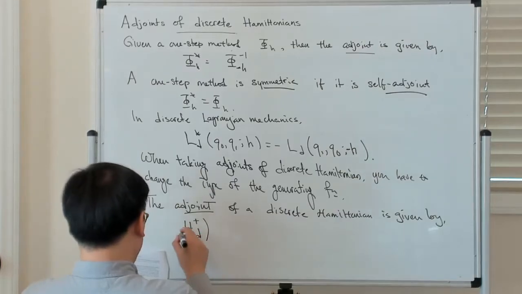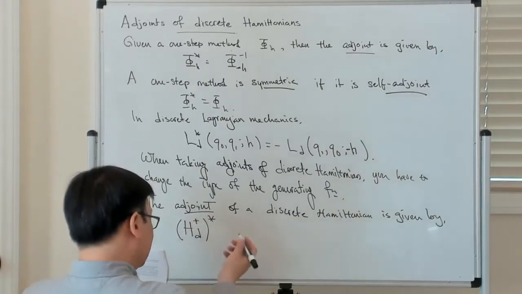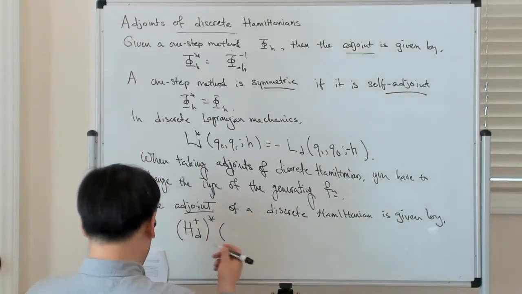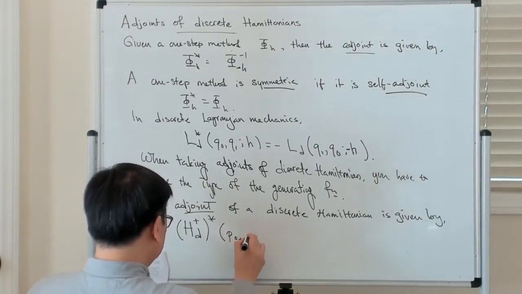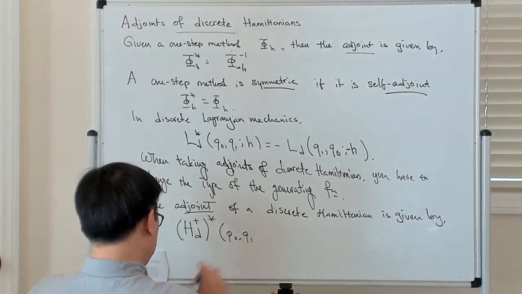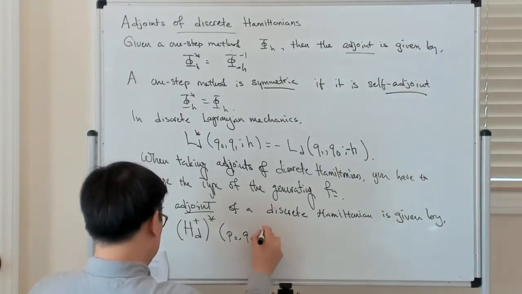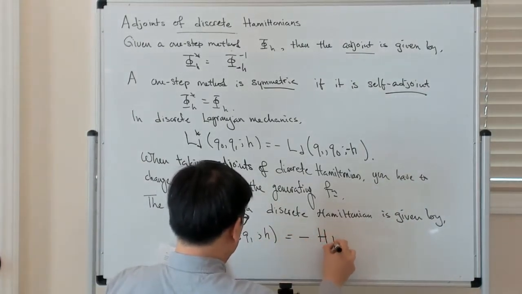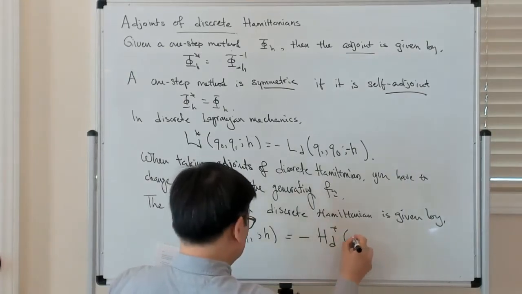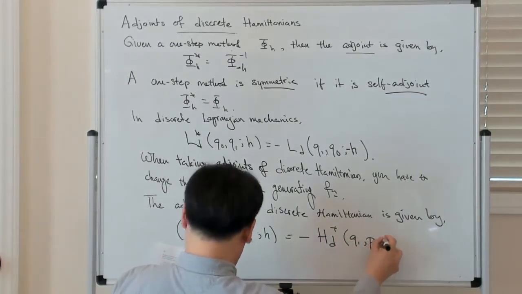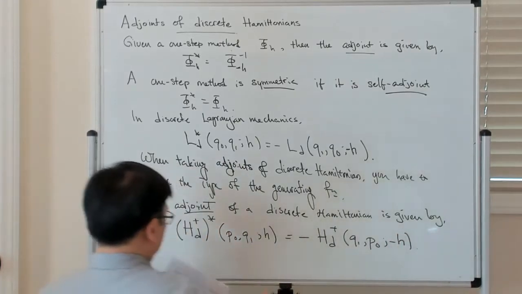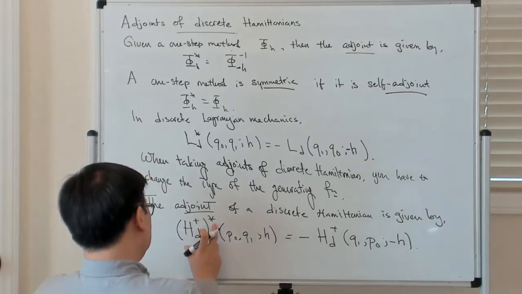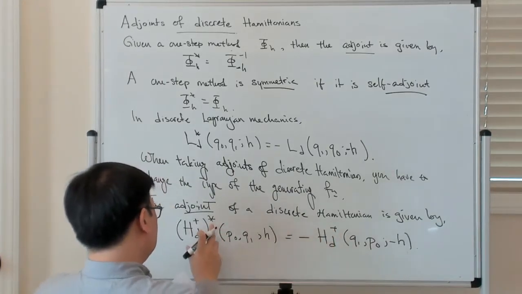But the adjoint of it is going to be a different type of generating function, which depends on the initial momentum and the final position. So I'm going to write this as a function of p0, q1, and a time step h, and this is equal to minus H_D plus of q1, p0 with minus h.